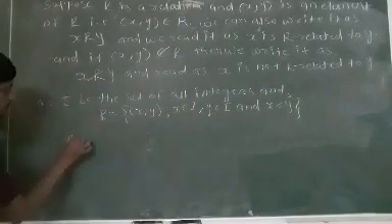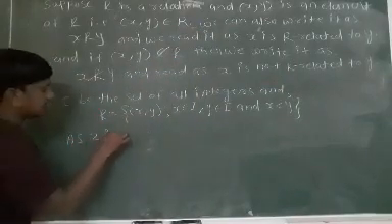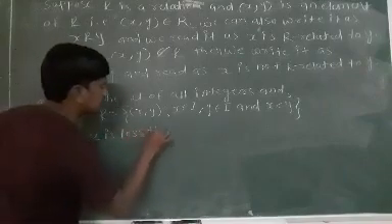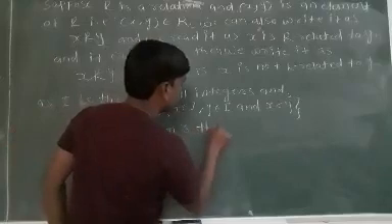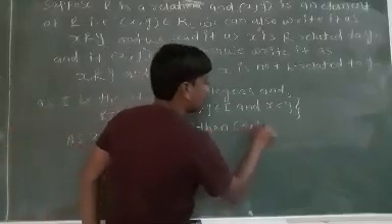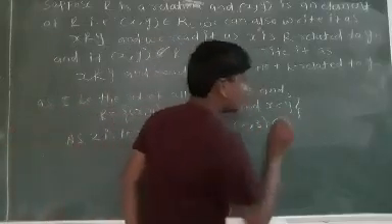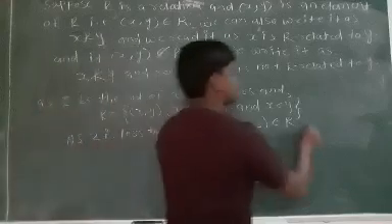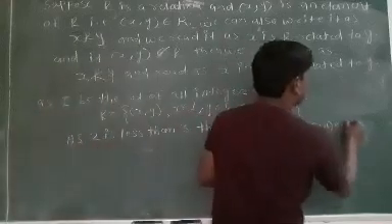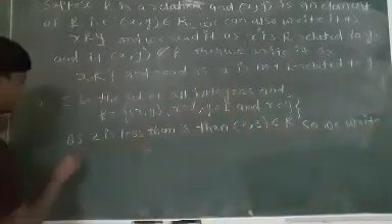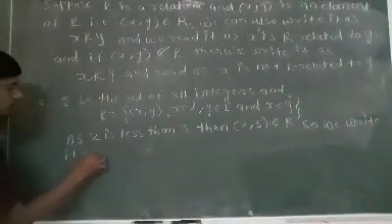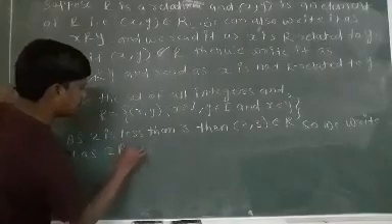As 2 is less than 3, the ordered pair (2, 3) belongs to relation R, so we write it as 2 is R related to 3.